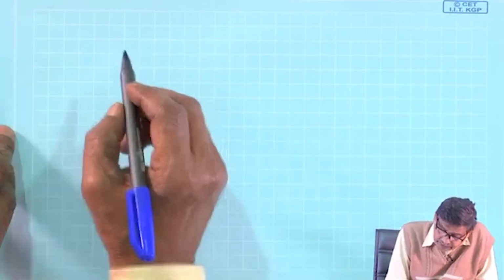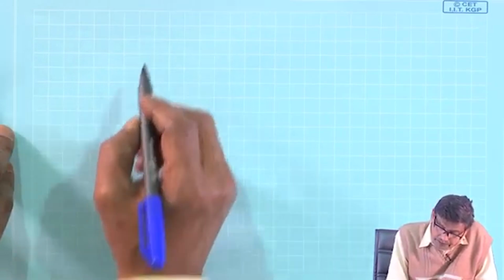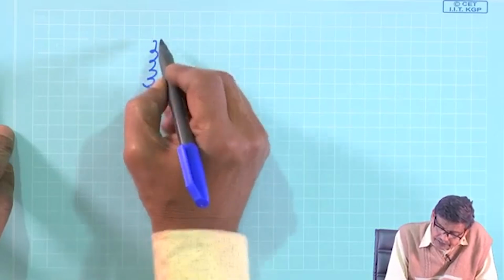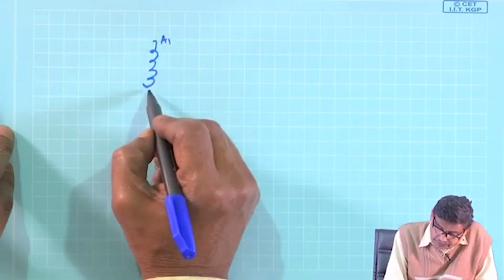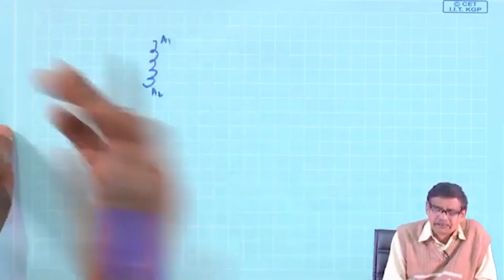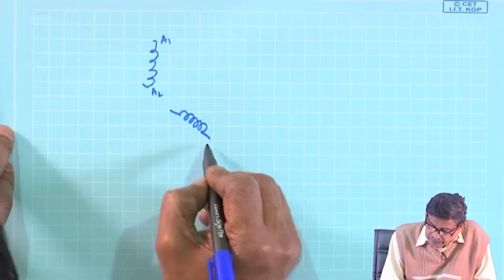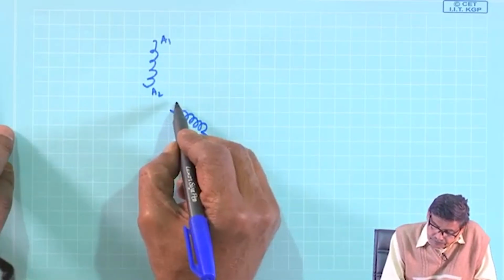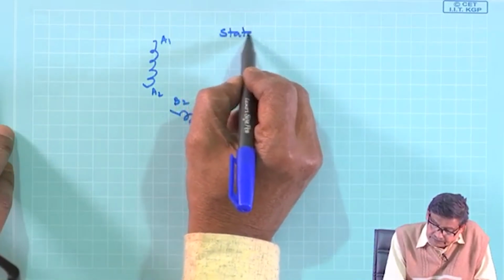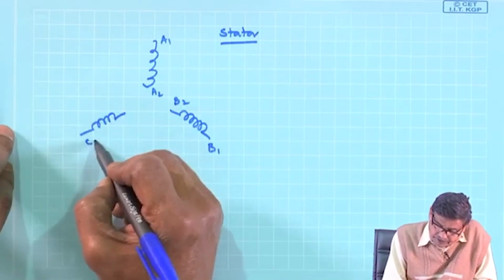What you do is this: suppose you have stator windings, all the terminals must be available to you, A1, A2, A phase or R phase, I am writing A, this is B1, B2, stator, and this is suppose C1, C2.